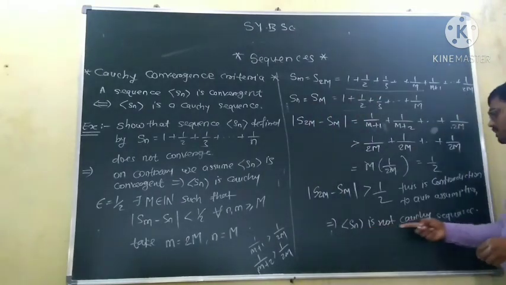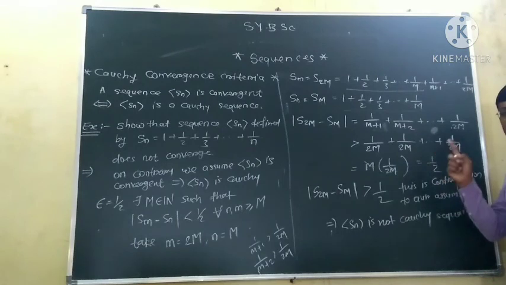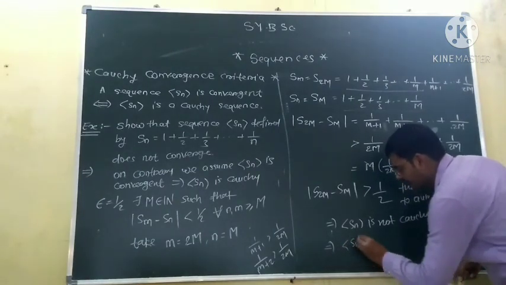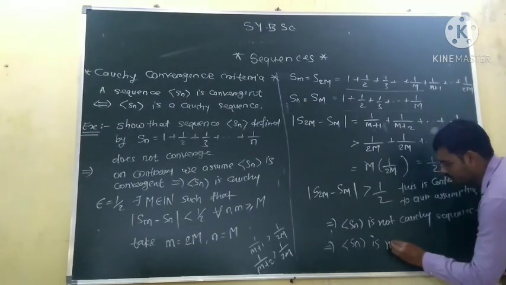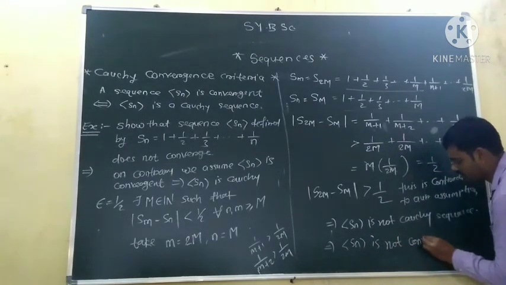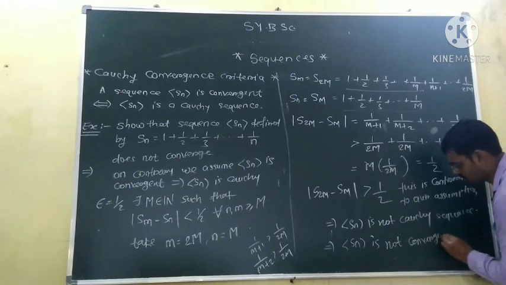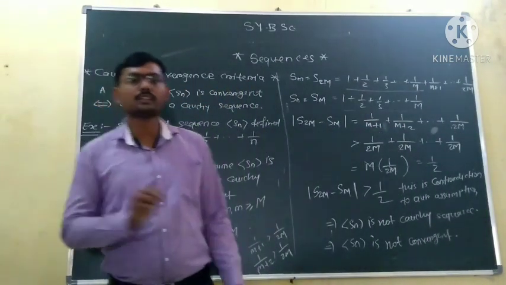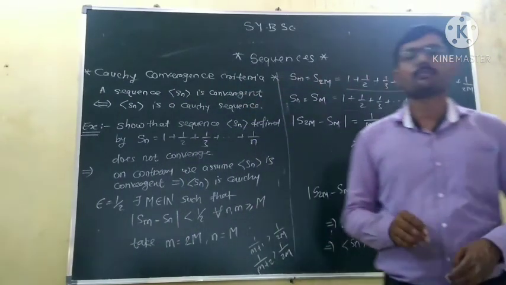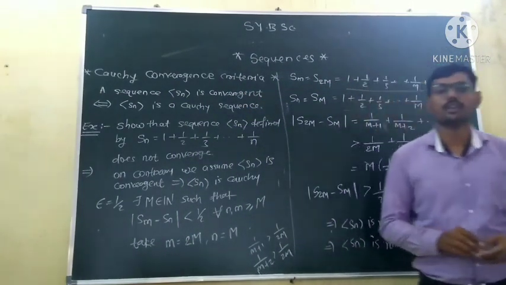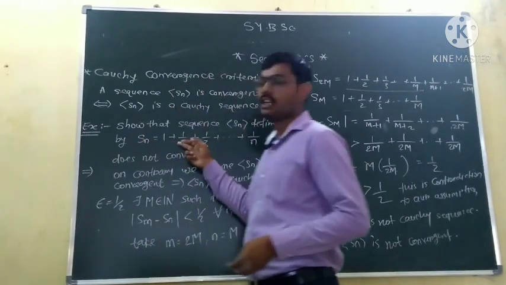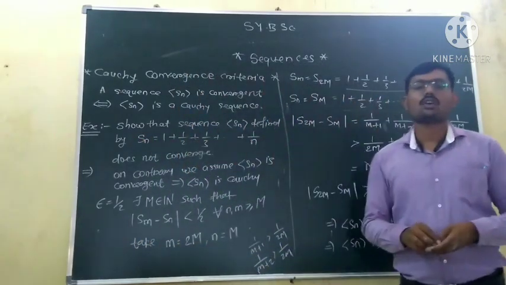Since the sequence is not Cauchy, by the Cauchy convergence criterion, the sequence Sn is not convergent. This is one of the very important examples on the basis of Cauchy sequences. So using this criterion, you have seen that the sequence whose nth term is this is not a convergent sequence.